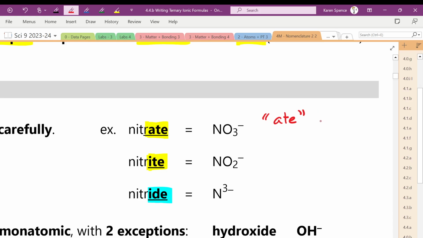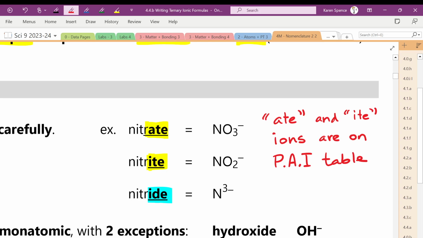Ate and ite ions are on the polyatomic ion table.